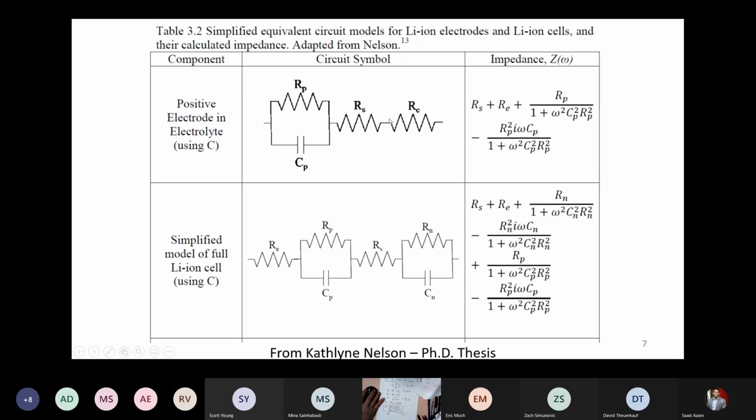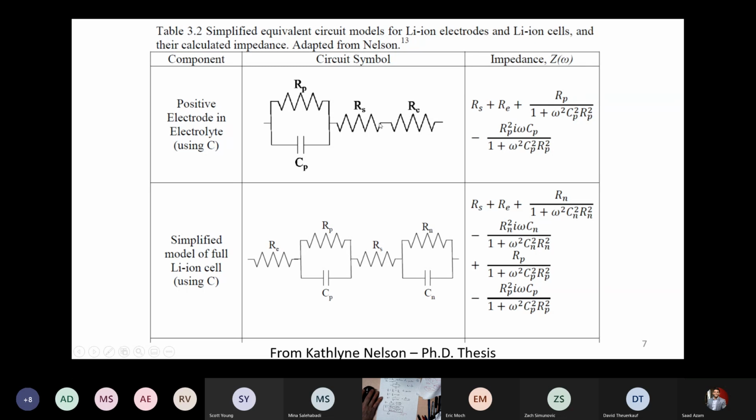Now you might say maybe the electronic resistance should be over on the left side of the circuit. The electrons come from the current collector, the ions come from the electrolyte, but it turns out it doesn't matter where you put series connected circuit elements. Just from the point of view of understanding, it would be more convenient to put the electronic resistance over on the left. It doesn't change what the impedance of this combination is.